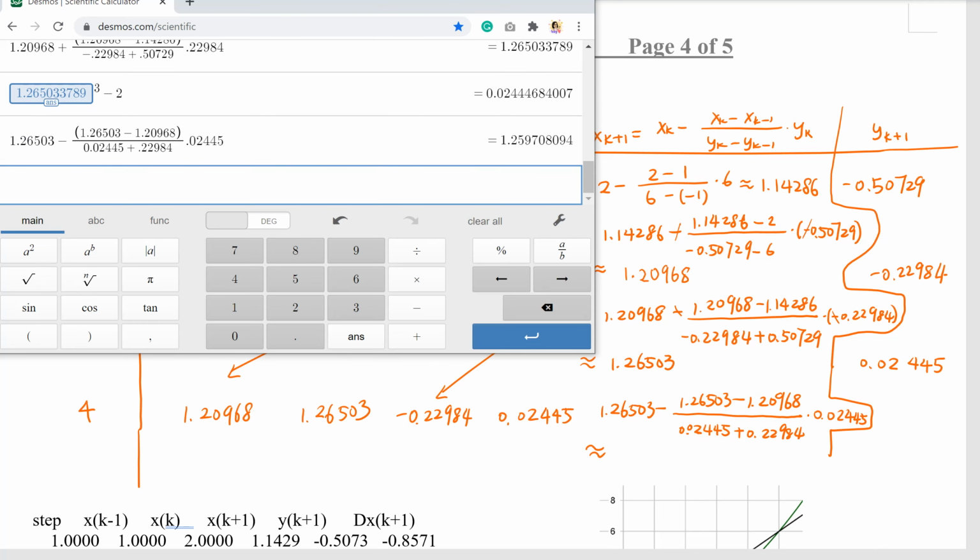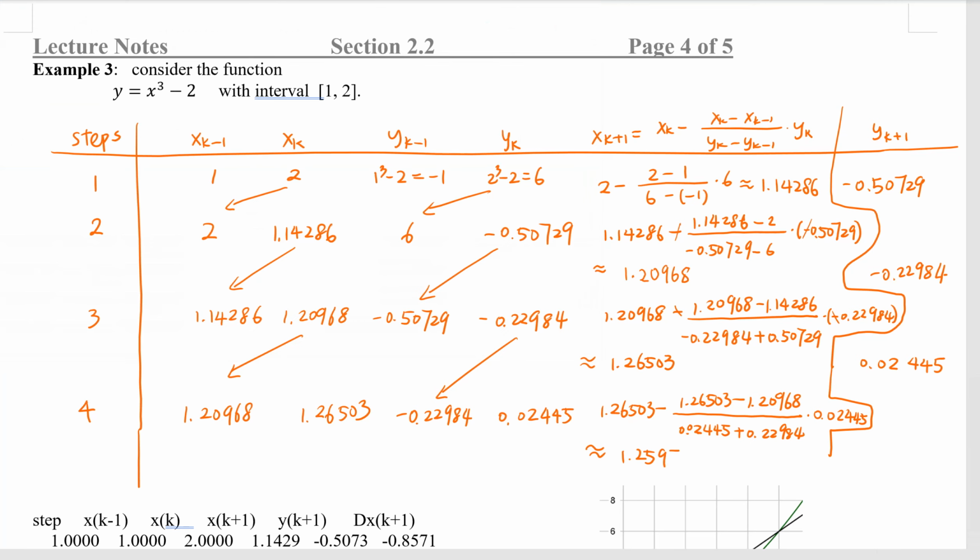Okay, so we get 1.25971, round up 1, okay? 1.25971. Ooh, okay. At the end, this guy cubed minus 2.